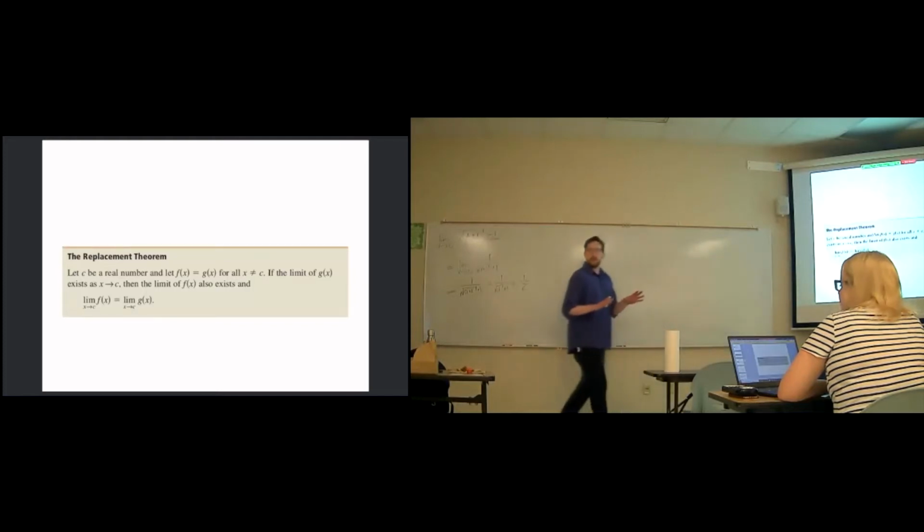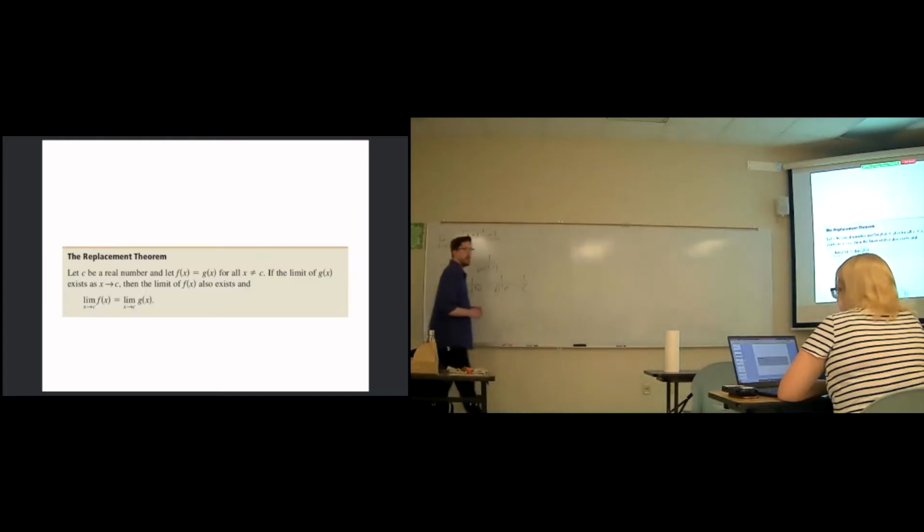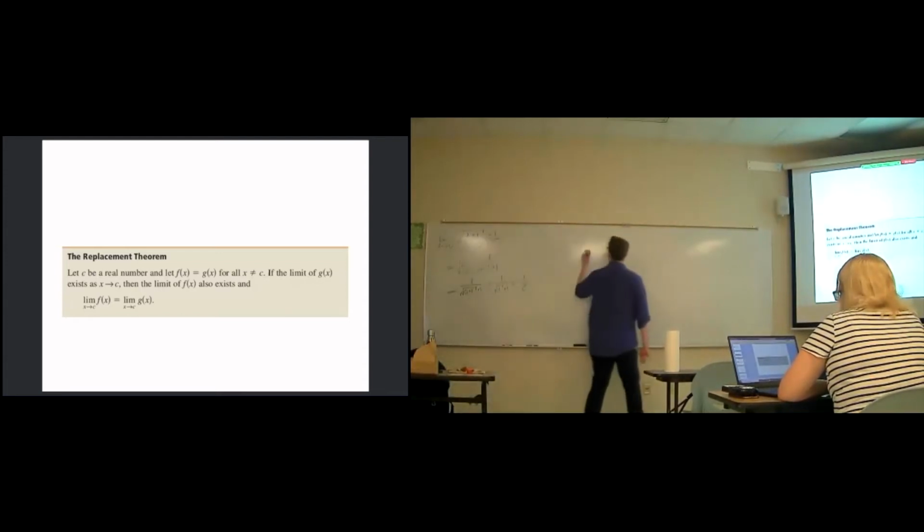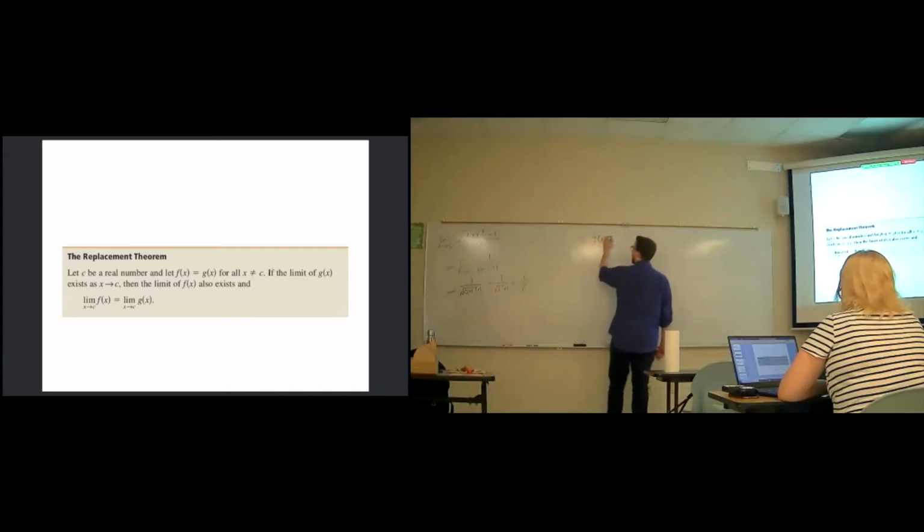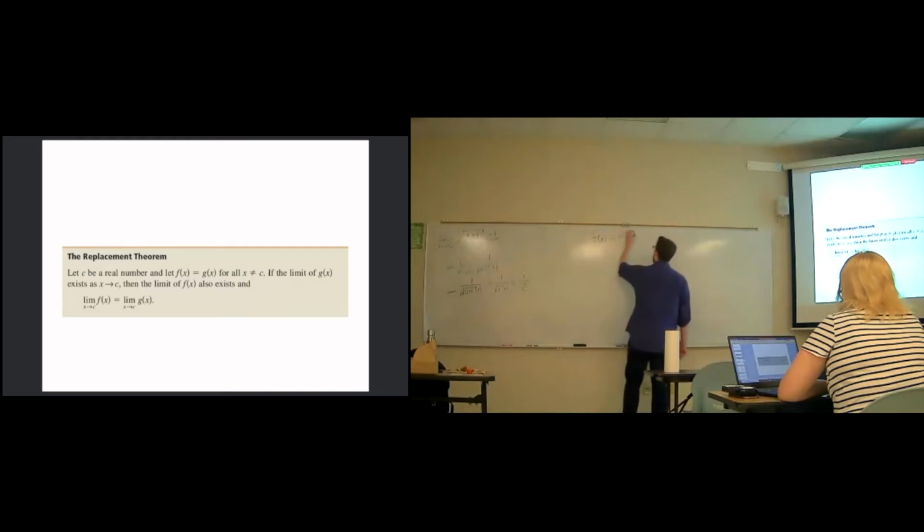Does that make sense to everybody? In other words, we've got two functions here. f of x is equal to square root of x plus 1 minus 1 over x.